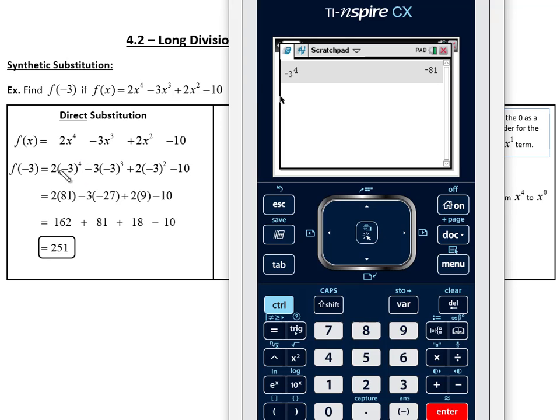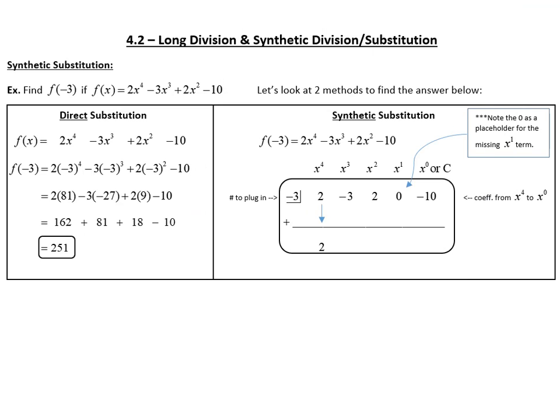When I really wanted the number -3, which we'll need to use parentheses to do this correctly, the number -3 times itself 4 times. And that results in +81. So just be careful, especially when you're plugging in with negative numbers to a power. Make sure you're correctly using parentheses there.